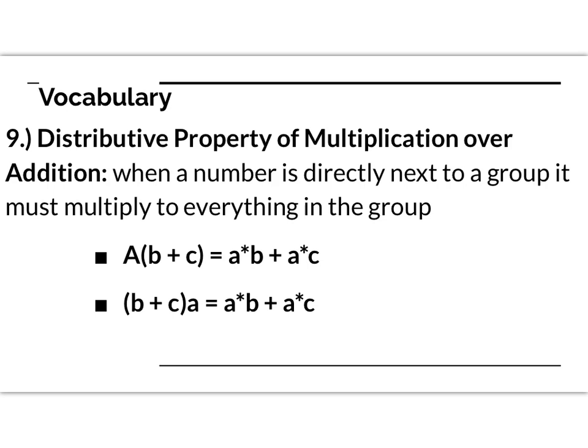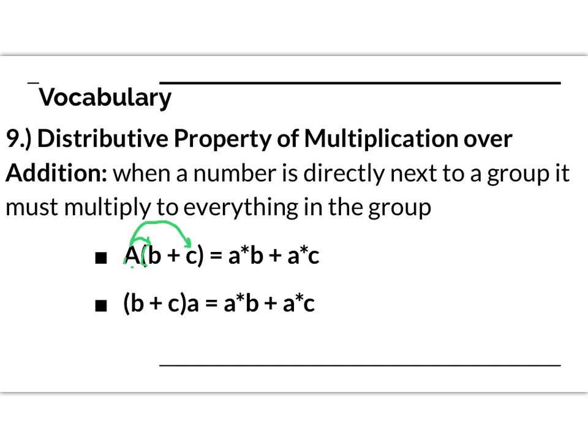Now, to distribute, this is a property that comes up in the first or second week of 9th grade math or 8th grade math. To distribute, the A has to multiply to the B and to the C, because when a number or a letter is outside of a parentheses and there's no sign in between, it's understood to be multiplied.